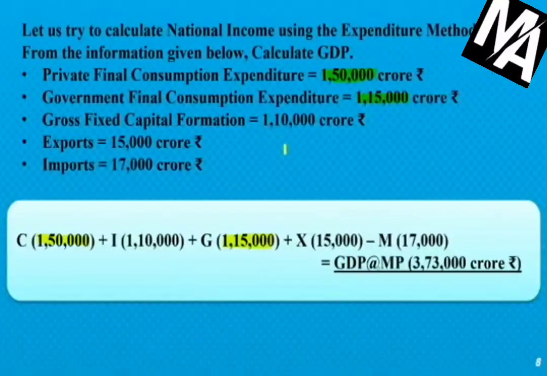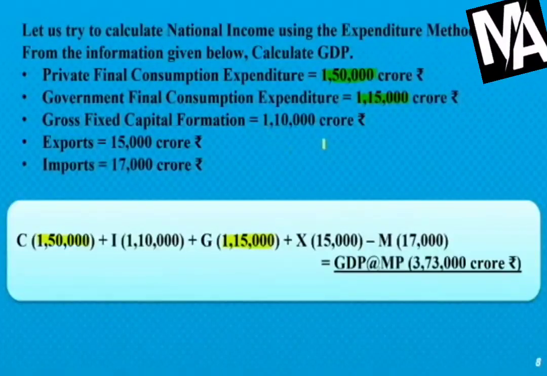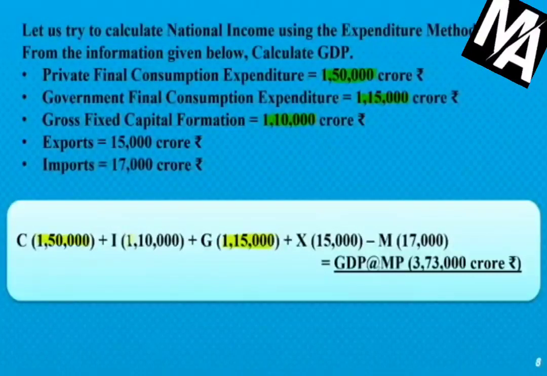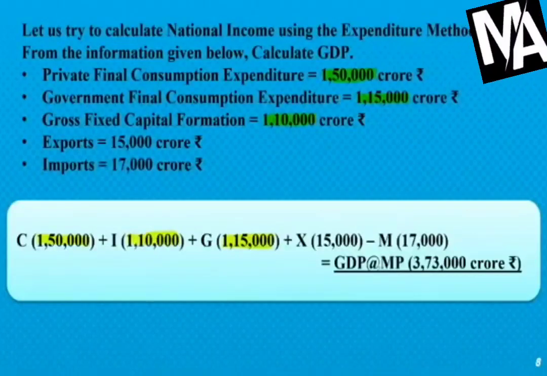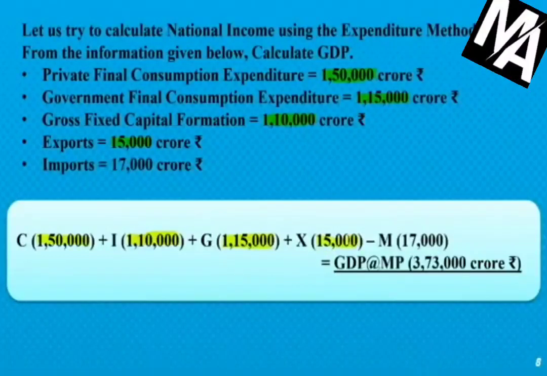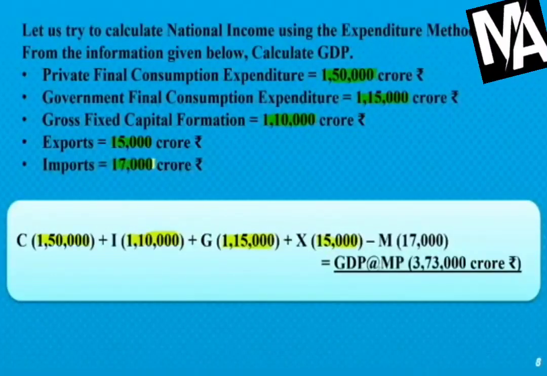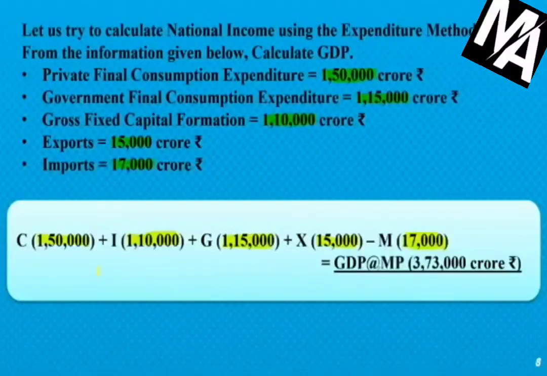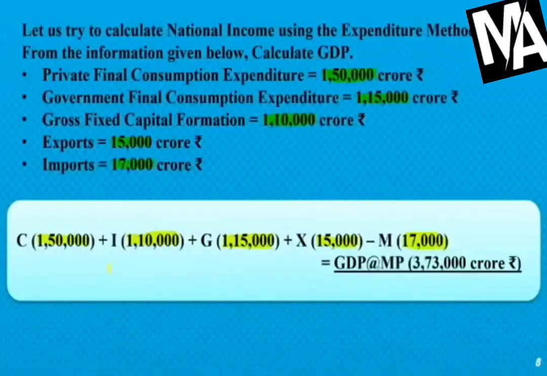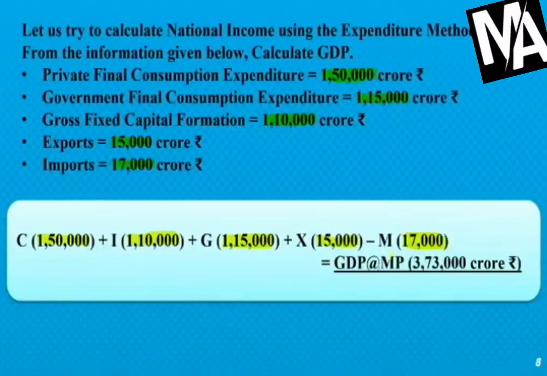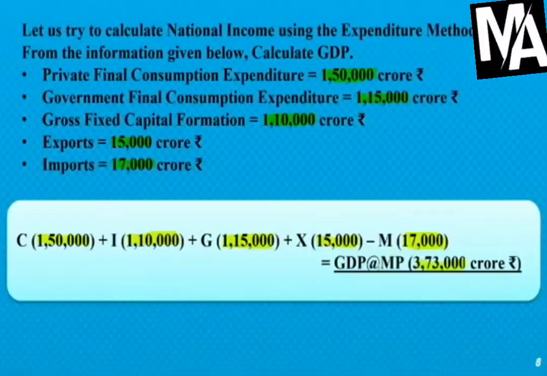Any investments made by a business sector will also be called gross fixed capital formation, that is 1,10,000 crore rupees, and that will be coming under the capital letter I. Then you have exports, very easy to understand, that is 15,000 crore, that will be coming under X. And then you have imports, that is 17,000 crore rupees, that will be coming under minus M. And so if you use your mathematical skills, you have 1,50,000 C plus 1,10,000 I plus 1,15,000 G plus 15,000 X minus 17,000 M. You will be getting 3,73,000 crore rupees.